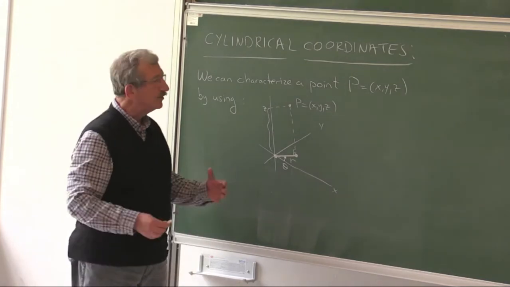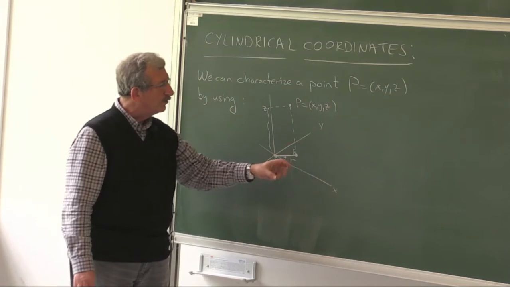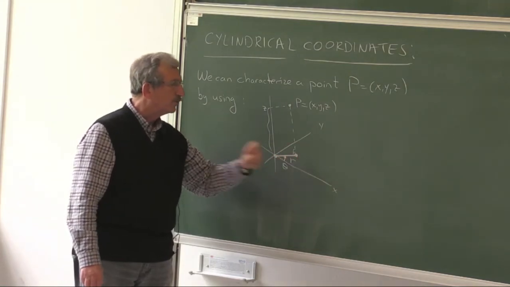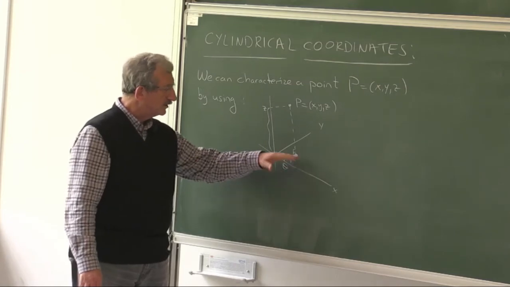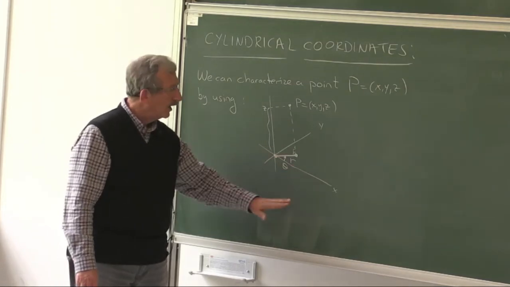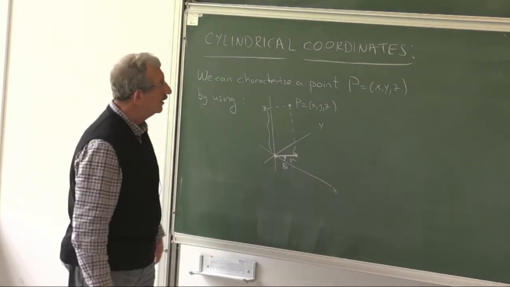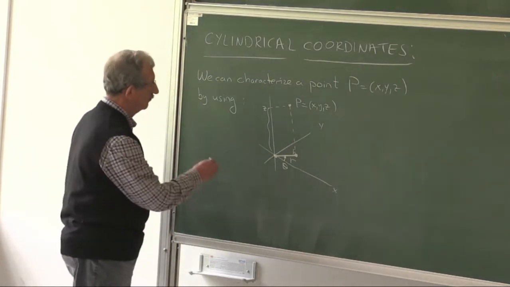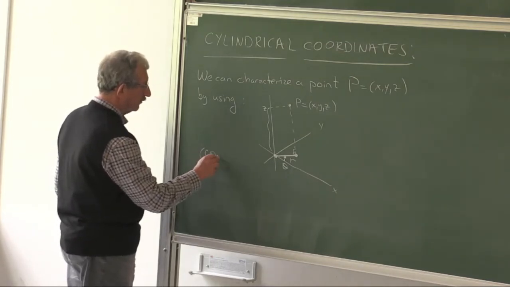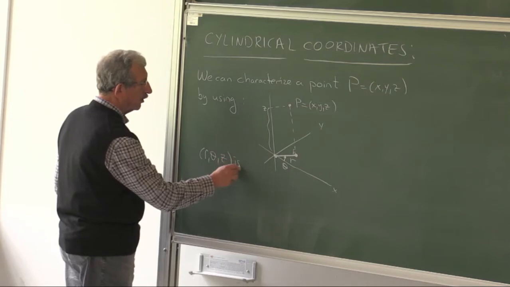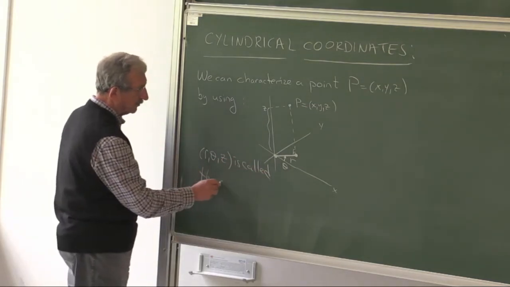Well, this is obvious because the projection onto the xy plane, that's this point in question, is completely characterized by using polars. These are polars in plane. And if you add the z coordinate to it, you get your P. Well, this system, r theta z, is called the cylindrical coordinate system in space.